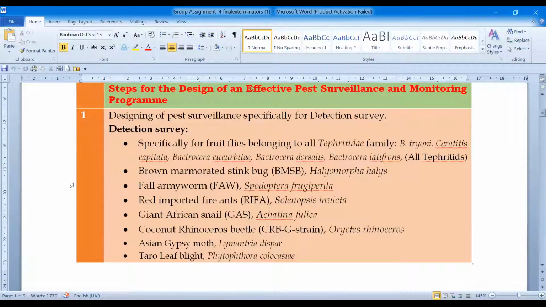So the detection survey will specifically be for fruit flies belonging to all the Tephritidae family.